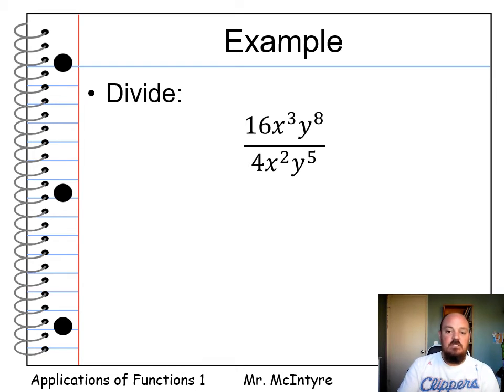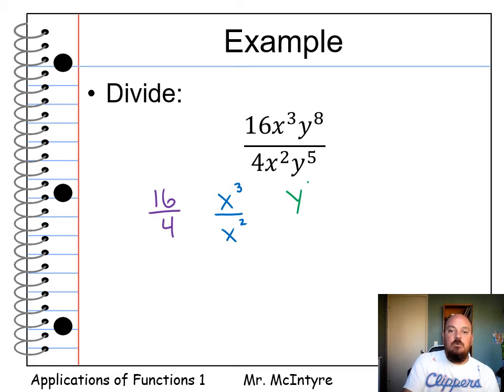I'm just going to split this up into 3 questions. Let's do the number part first: 16 divided by 4. Then let's do the x part second. That would be x cubed divided by x squared. And then finally, let's do the y part last. That would be y to the 8th divided by y to the 5th.